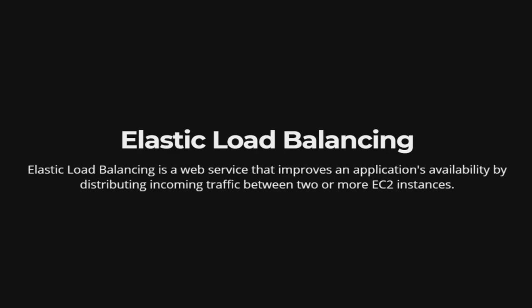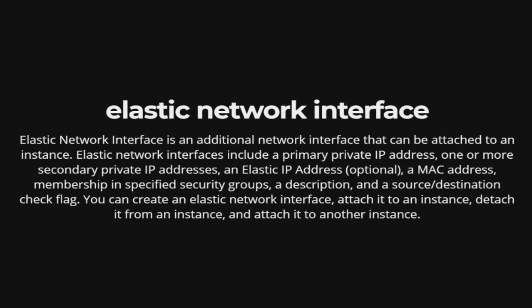Elastic Load Balancing. Elastic Load Balancing is a web service that improves an application's availability by distributing incoming traffic between two or more EC2 instances. Elastic Network Interface. Elastic Network Interface is an additional network interface that can be attached to an instance.